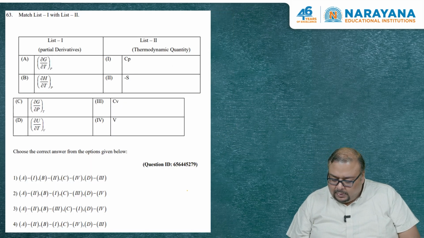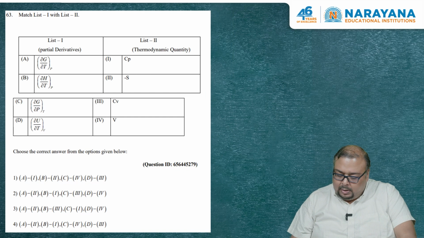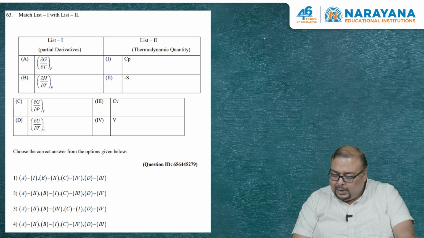Match list is given, and partial derivatives are given in this case and we have to match. Here we have to match list 1 with list 2. List 1 is partial derivatives, list 2 is the thermodynamic quantities.